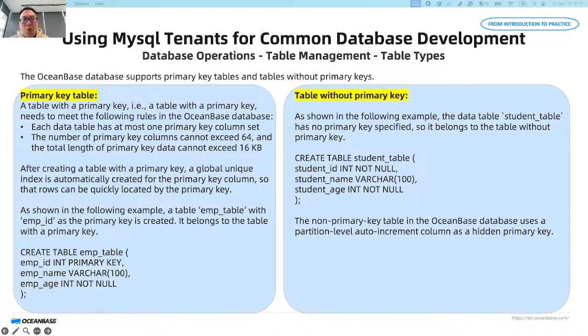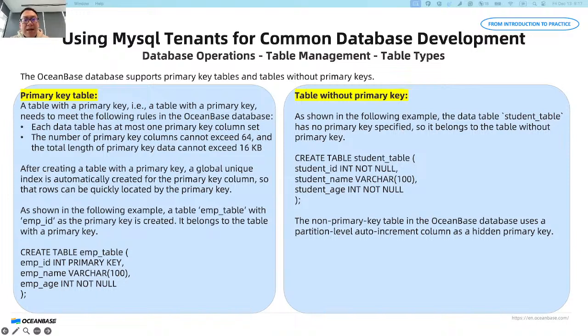Each data table has at most one primary key column set, and the number of the primary key columns cannot exceed 64, and the total length of the primary key data cannot exceed 16 KB.